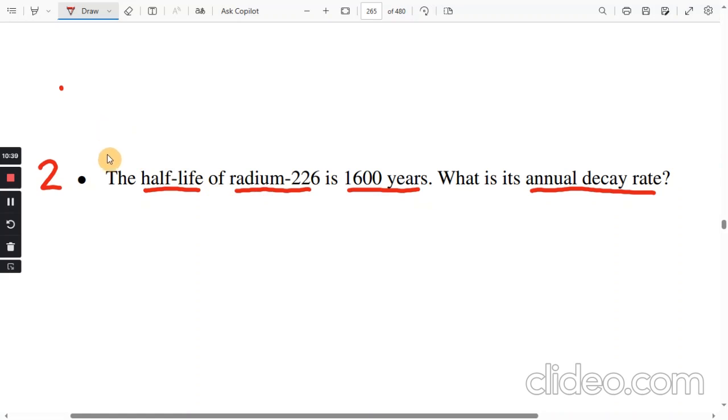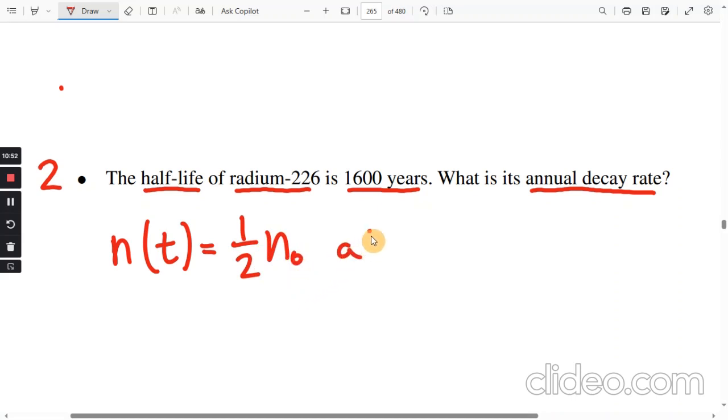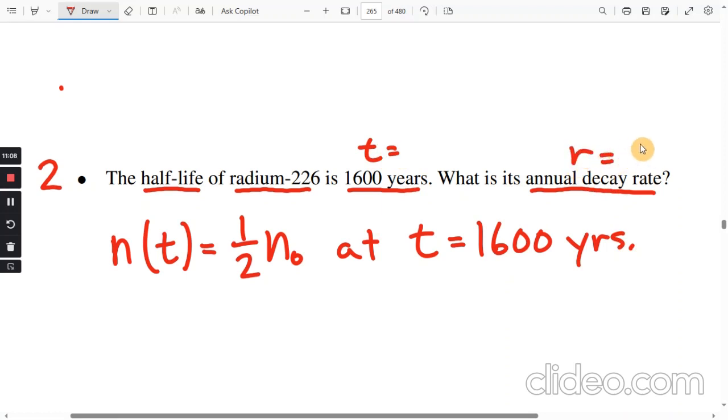That means that N of t is going to equal half of the original at t equals 1,600 years. All right, so the 1,600 years is your t, and the annual decay rate is the r. We don't know what r equals.